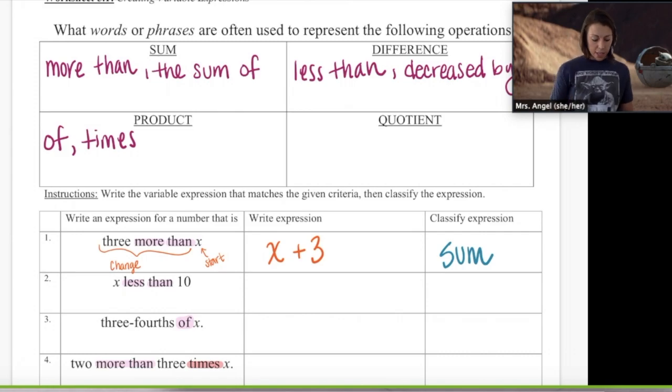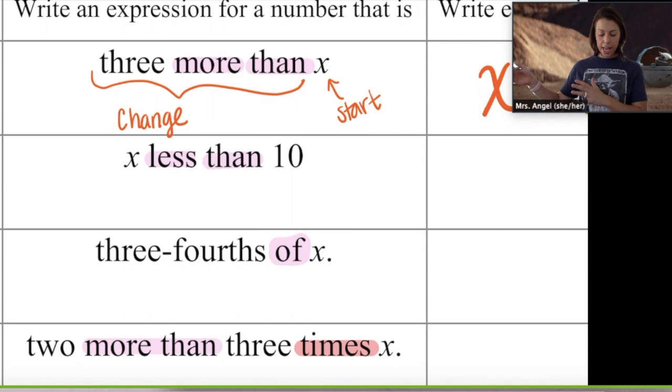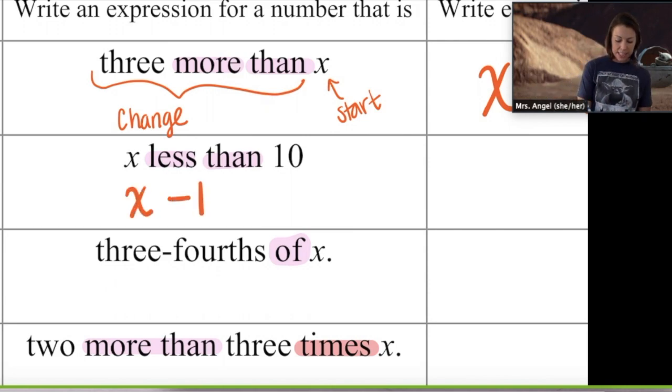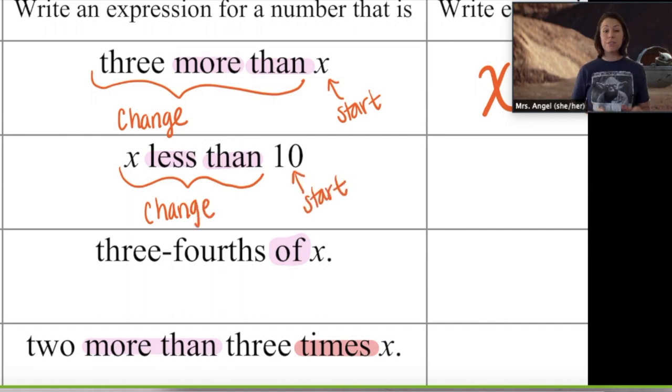Okay, let's look at number 2. x less than 10. Again, you're like, oh, less than, that means subtraction, that must mean this. But "than" means that's the change. So actually, "x less than" is the change that's happening to the starting value of 10.